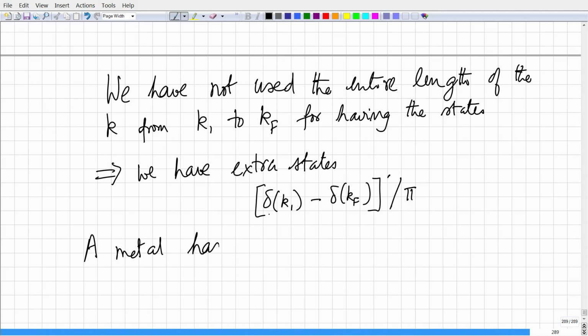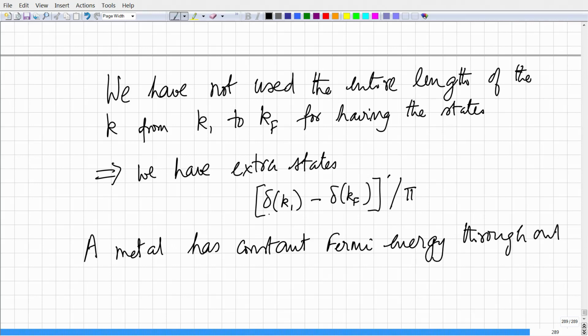Now what we know is that a metal has constant Fermi energy throughout the sample at equilibrium. Okay, so the Fermi energy is a constant.